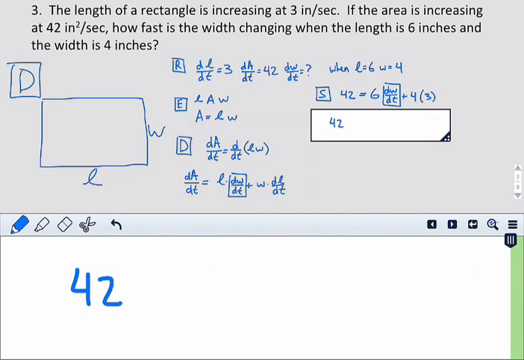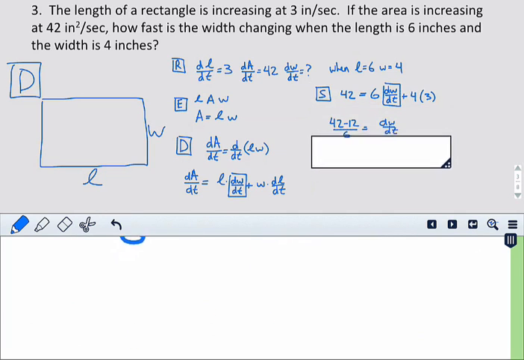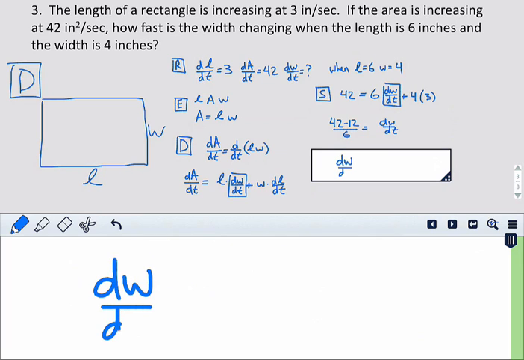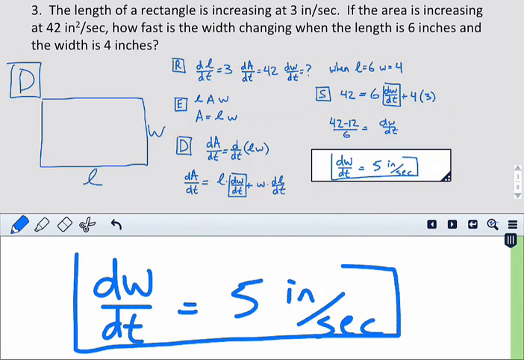So we'll have 42 minus 12 over 6. And so dW over dt is going to be 5 inches per second. So the width is going to be increasing at 5 inches per second when the length is 6 and the width is 4.